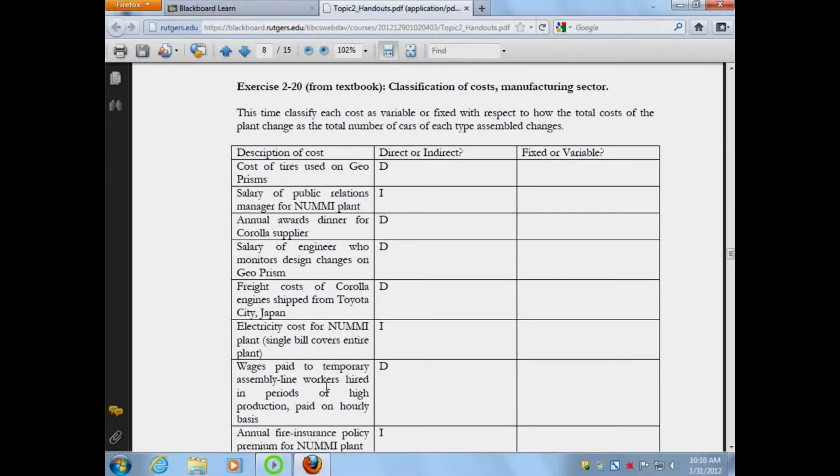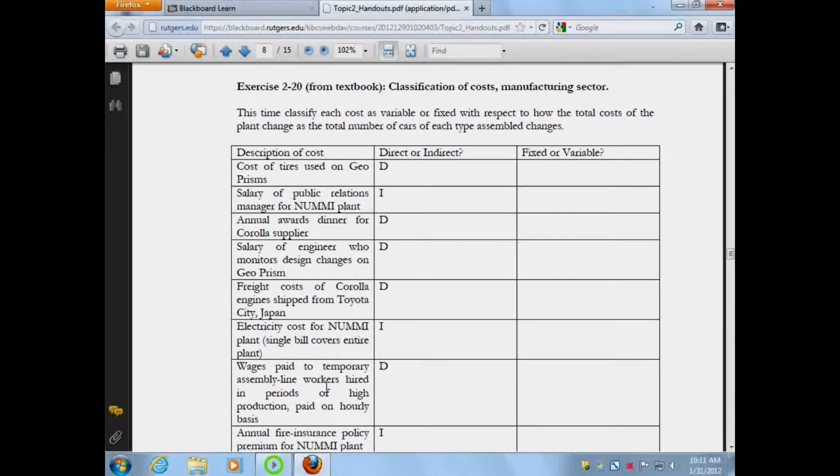There's a cost for renting out a banquet hall, and there's a cost for catering the food, there's a cost for flying in all the participants, buying them prizes, paying for their expenses, and you can imagine that some of those costs might be more or less fixed, like the space might be more or less fixed, whereas other costs, like the number of people that are receiving prizes, might vary as a function of how many cars you sell that year, right? So some portion of this is likely to be fixed and the other portion is likely to be variable.